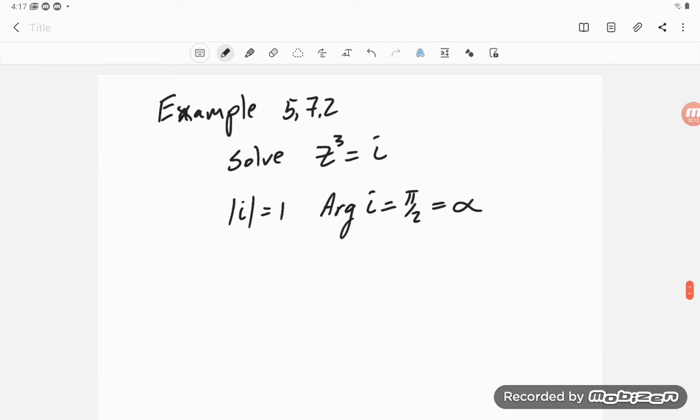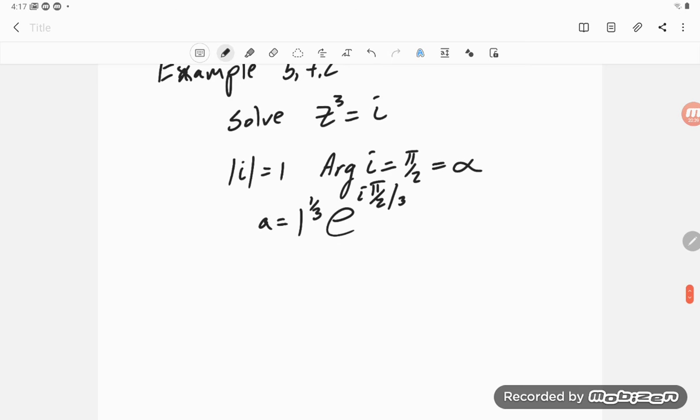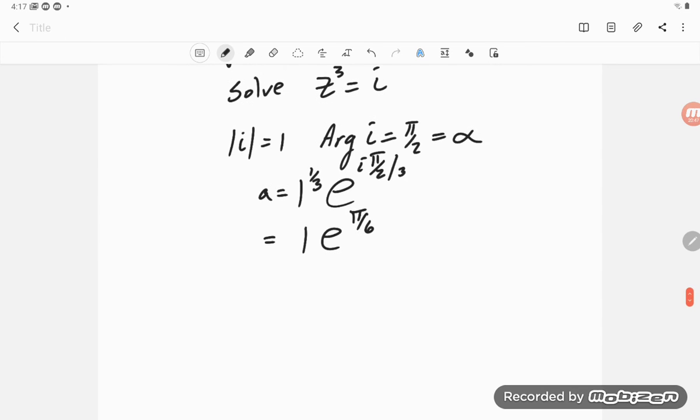Okay, and so what we have for, in this case, our A is 1 to the 1/3, and e to the i pi over 2, and then divided by 3. Okay, so that's equal to 1 e to the pi over 6. So we had that.